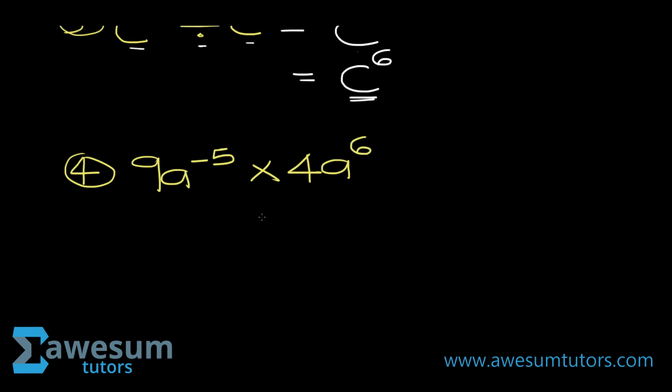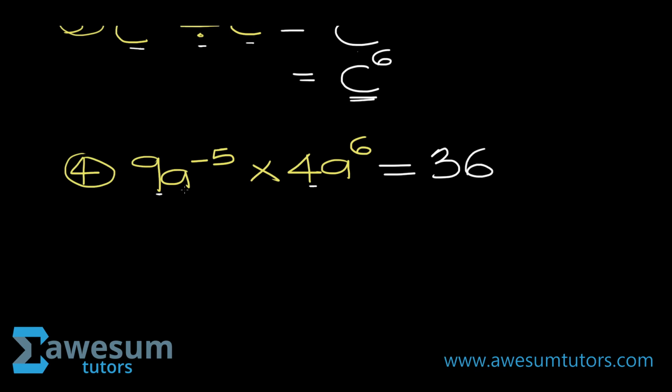How do we solve this? Now, to solve this, all you have to do is to first of all multiply these numbers. This is 9 times 4. That gives me 36.